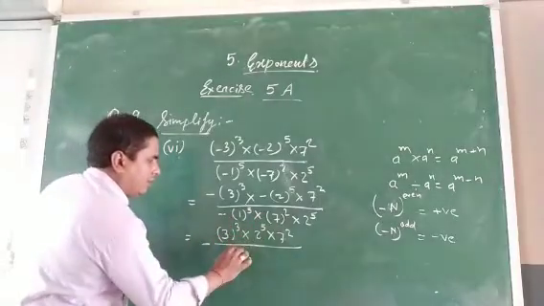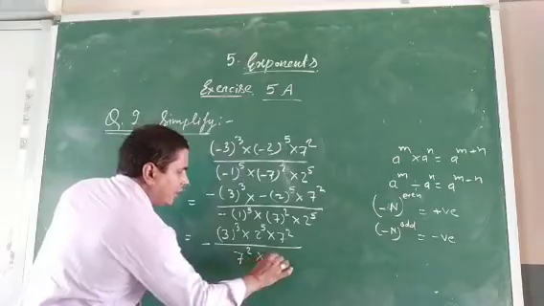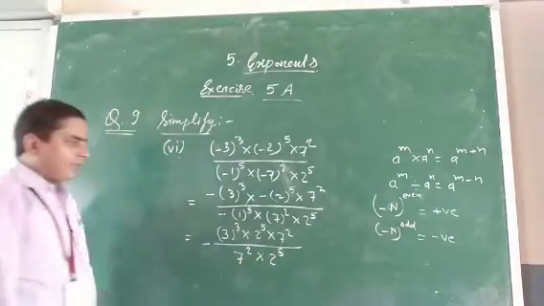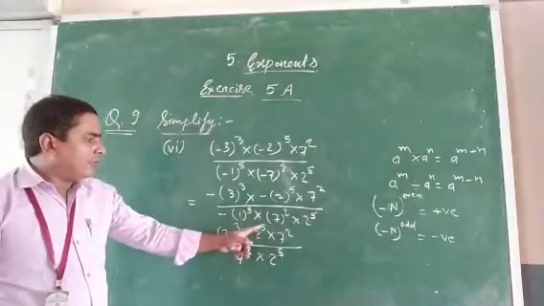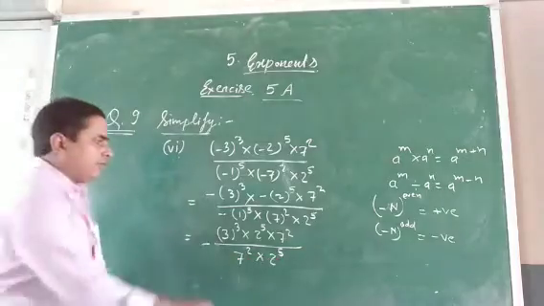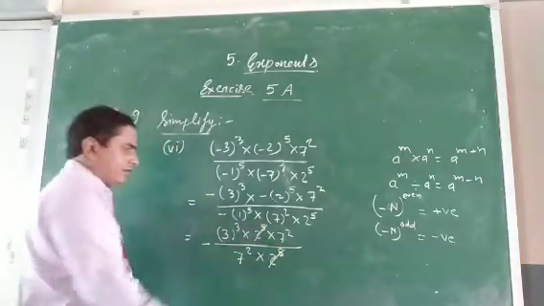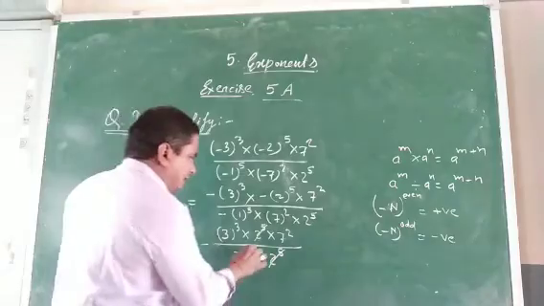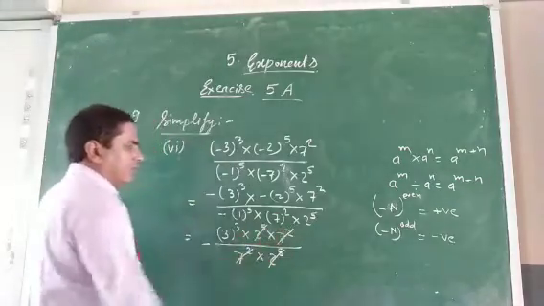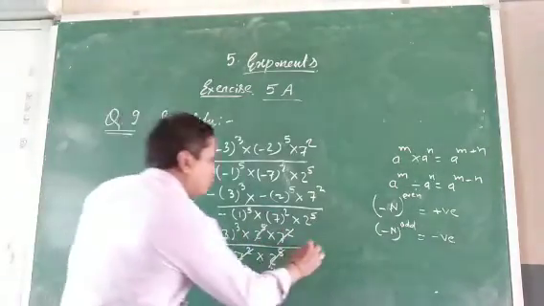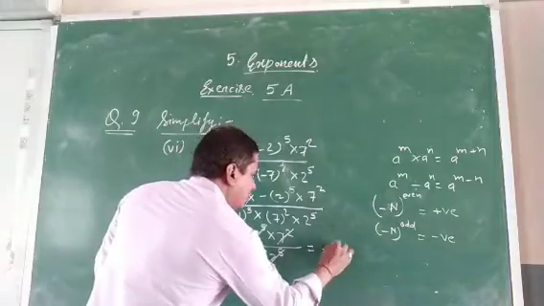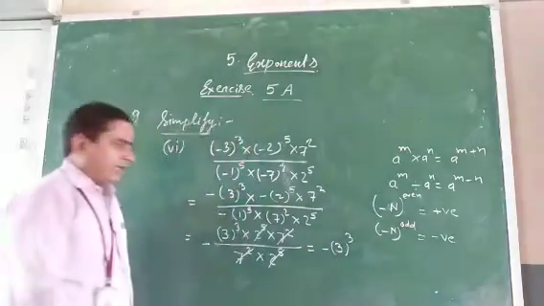Now 7 to the power 2 and 2 to the power 5. Again see here: 2 to the power 5 is common in both terms, so I cancel it out. 7 to the power 2 is also common, cancel out. So what will remain here? Minus 3 to the power 3.